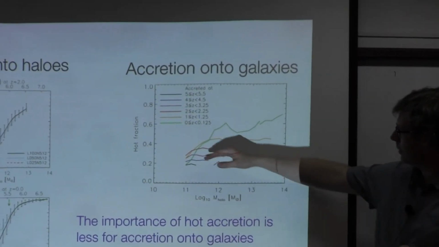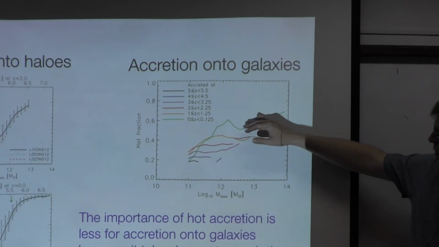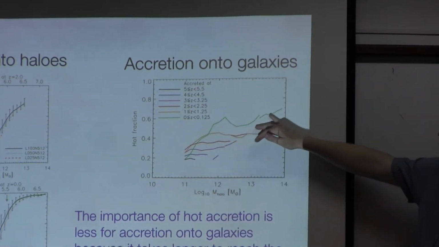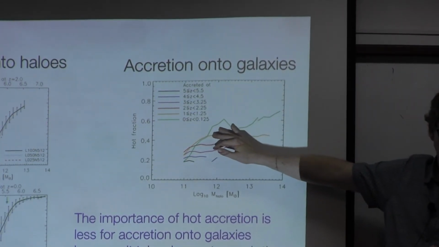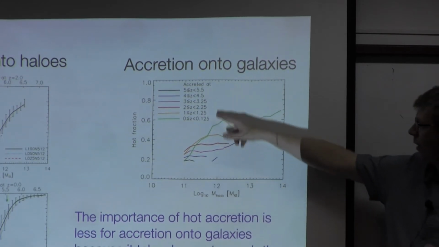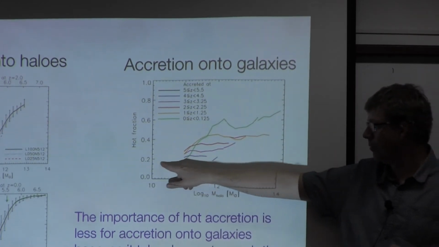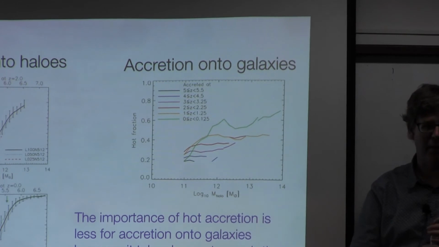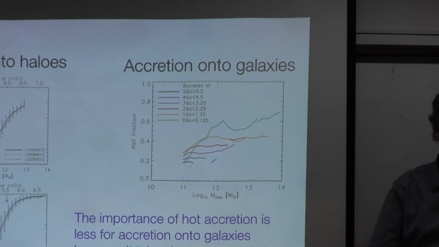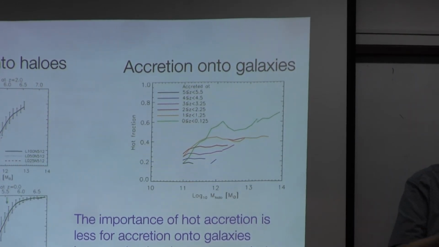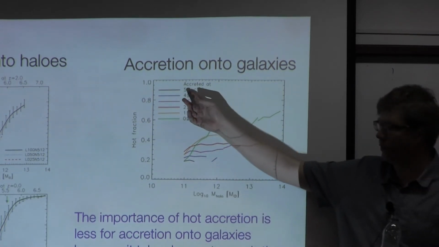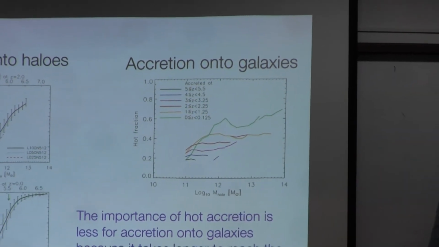What you can see is that at low redshift, the green curve, 50% or more of the gas that comes in is actually hot. At very high redshift, redshift 5, maybe only 20% came in as hot. It actually came in as cold. And that probably means that it was easier to form stars in these high redshift scenarios.